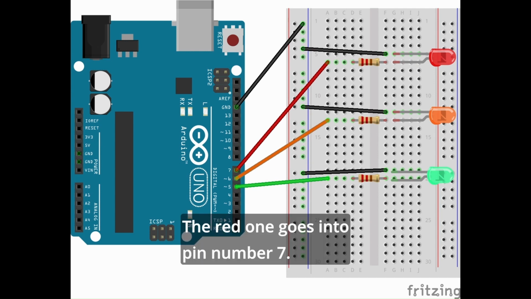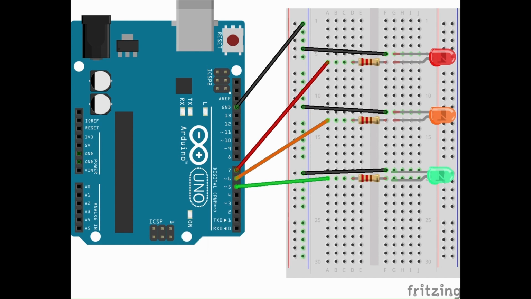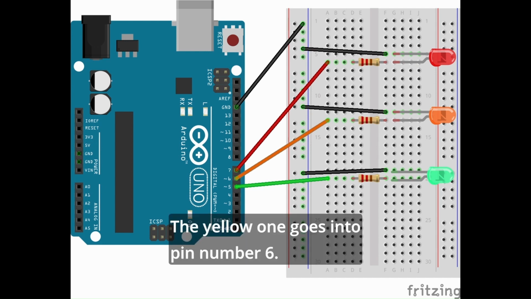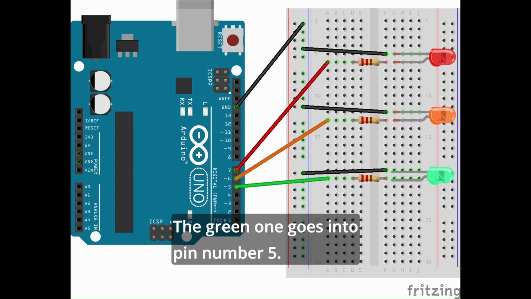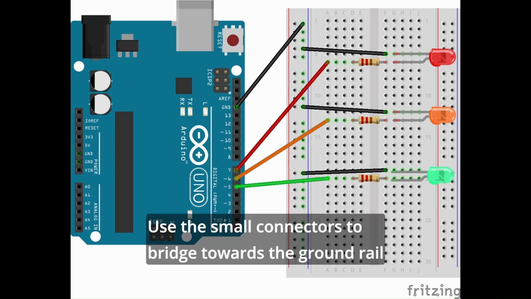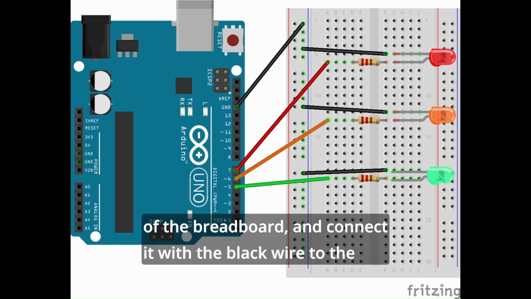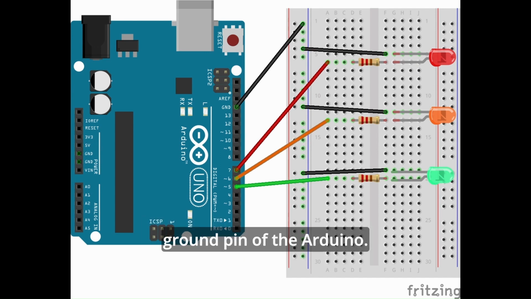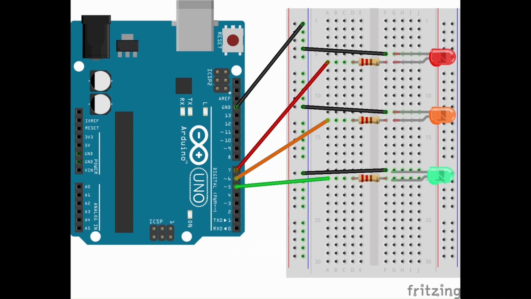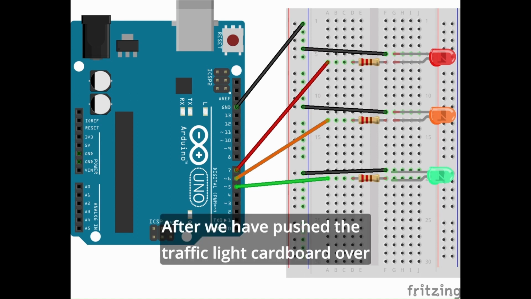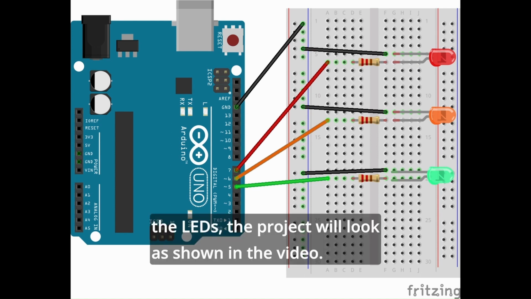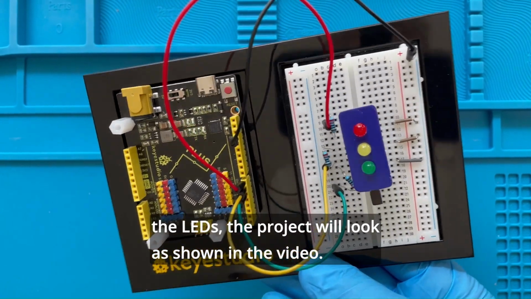The red one goes into pin number 7, the yellow one goes into pin number 6, the green one goes into pin number 5. Use the small connectors to bridge towards the ground rail of the breadboard and connect it with the black wire to the ground pin of the Arduino. After we have pushed the traffic light cardboard over the LEDs, the project will look as shown in the video.